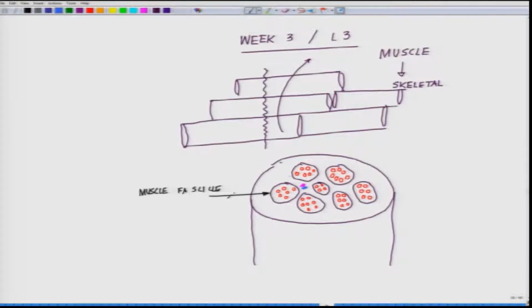These two, what you see, pink and blue color, I am just circling it. These are the blood vessels which are running very closely to the muscle. The outer coating out here is termed the epimysium, absolutely the outer coating.